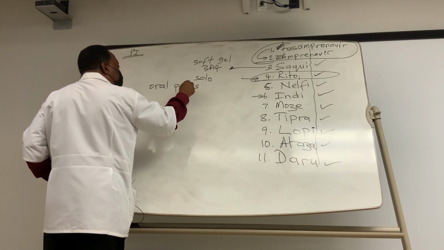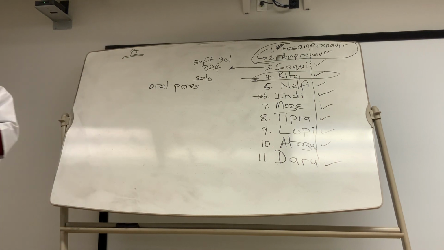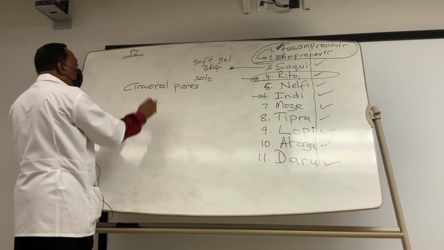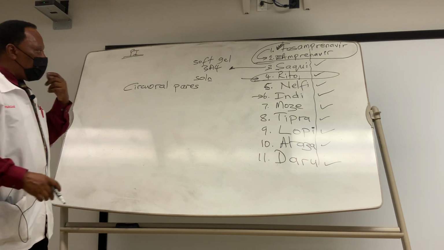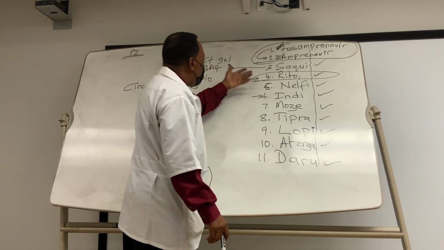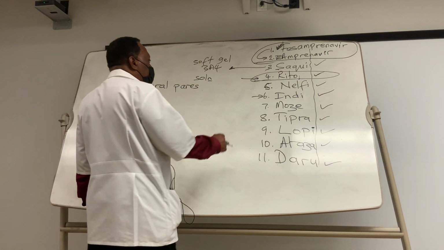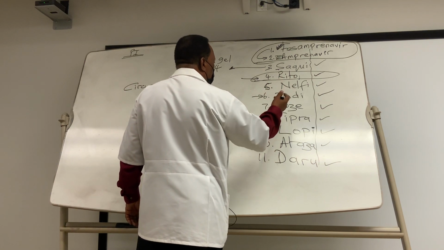And a standard adverse effect of ritonavir is circumoral paresthesia, that is numbness around the mouth. The same thing that we mentioned when we were talking about polymyxin B. Okay, so circumoral paresthesia around the mouth, and like we said, it is the most potent 3A4 inhibitor.